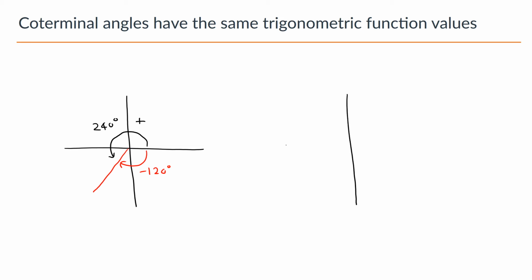And we can also look at one more like this. For example, negative 300. Negative 300 means it's going to go to the first quadrant. So this is the negative 300, and the positive 60. So this is 60. They have the exact same ratios, and they also have the exact same reference angle.